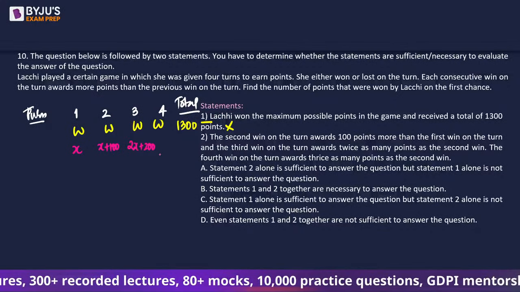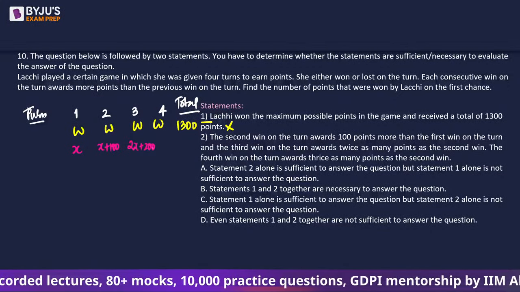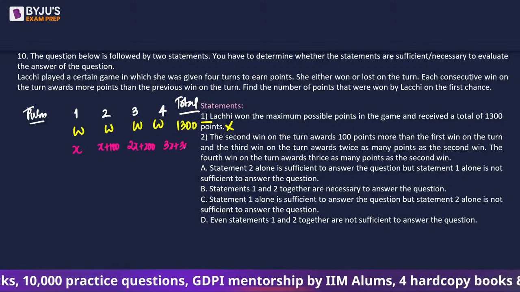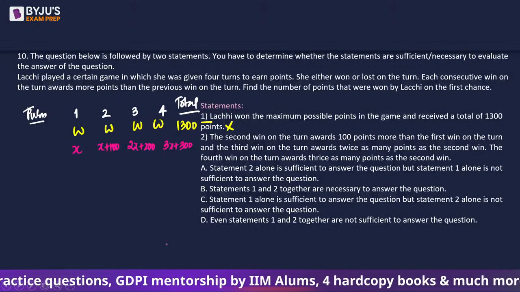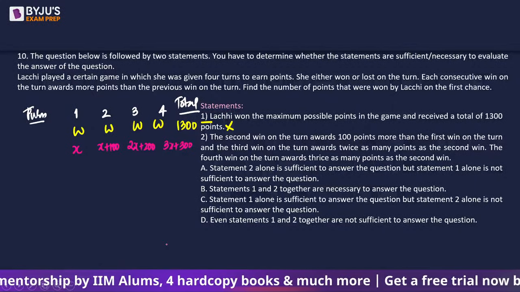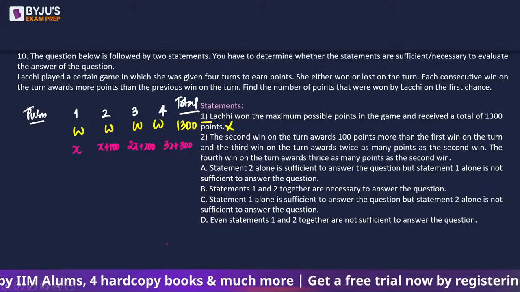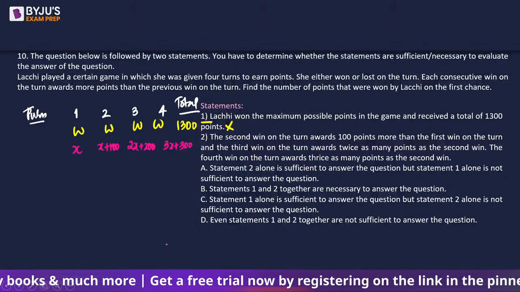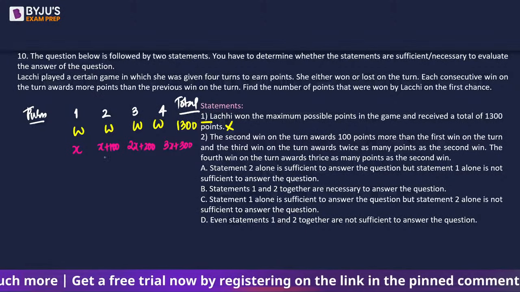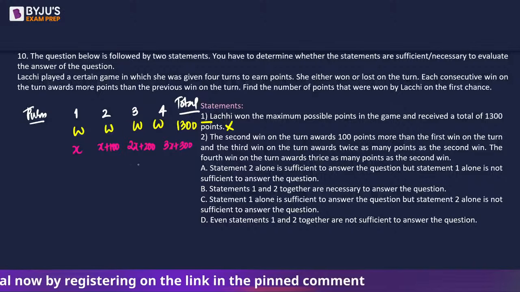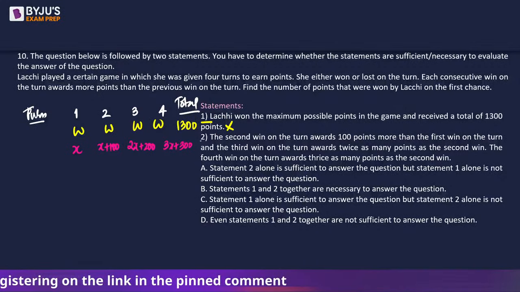The fourth win on the turn awards thrice as many points as the second win, so this will become 3x plus 300. Fine. So using the second statement also we don't know, because x can be anything, x can be 1, x can be 2, x can be 1000. So using the second statement alone also we won't be able to answer this.